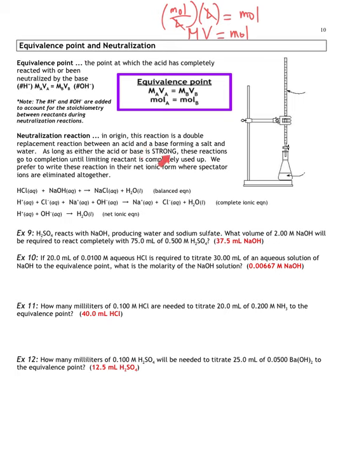So as long as one of them is strong, acid or base, you're going to see a one-directional reaction, with one reactant limiting and the other reactant in excess. We prefer to write these reactions in their net ionic form, where spectator ions are eliminated altogether.